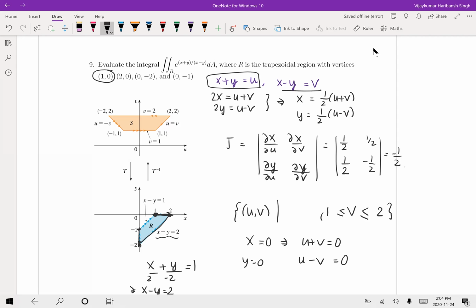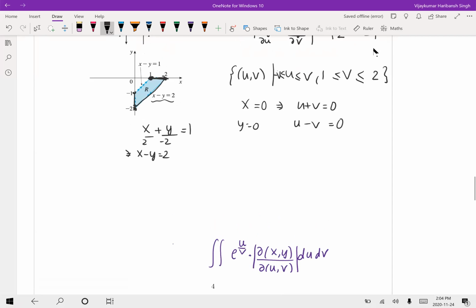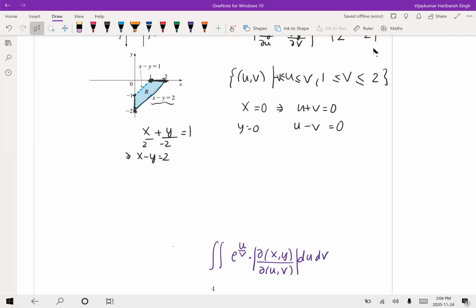So if you notice, you have already chosen for v, and your u is between minus v to v. So your region of integration becomes 1 to 2 for v, and u is from minus v to v.